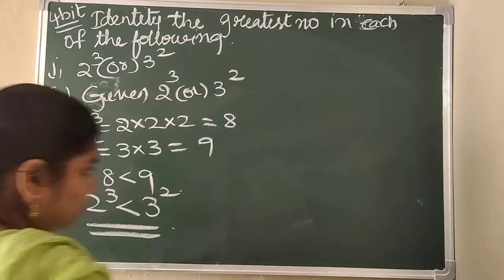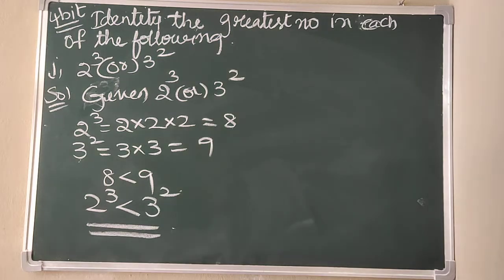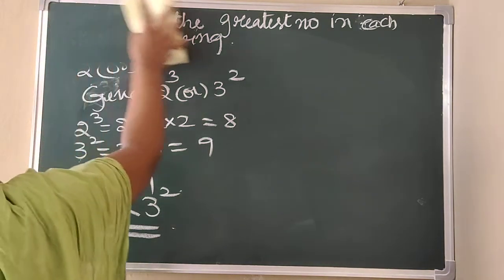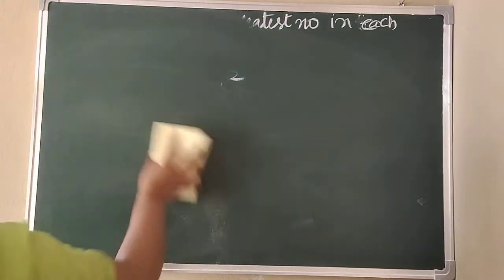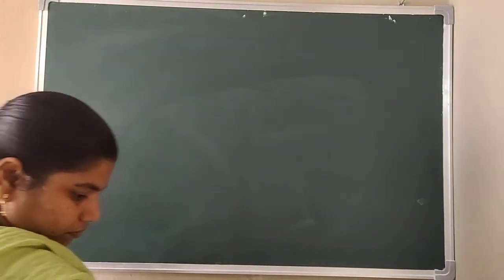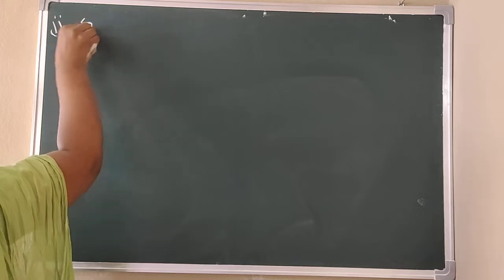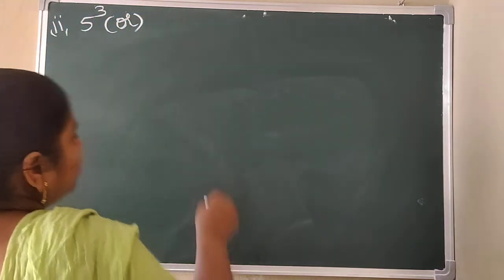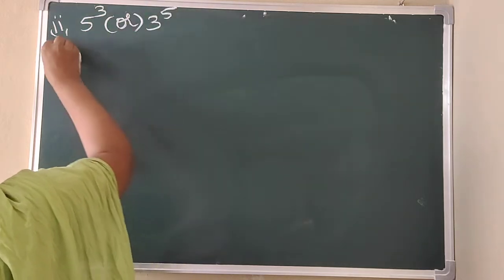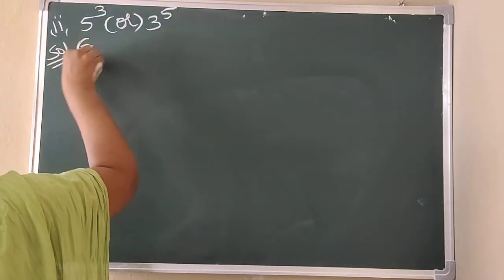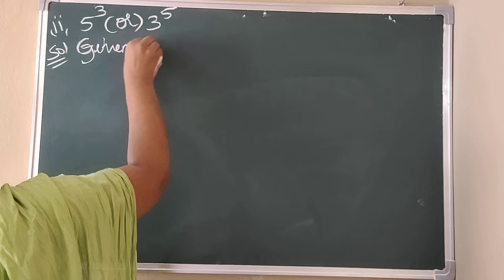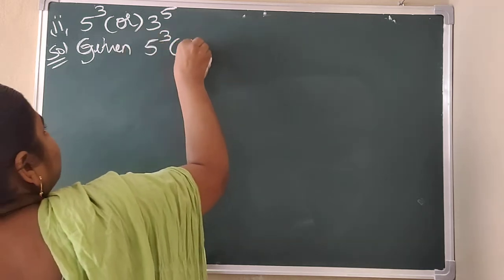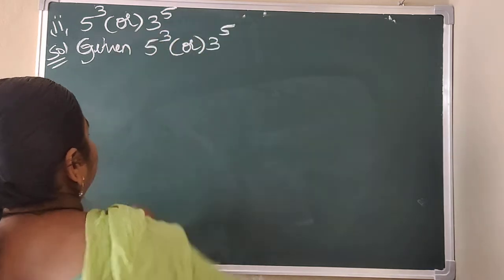So next one. Second one, 5 cube or 3 power 5. Given 5 cube or 3 power 5.